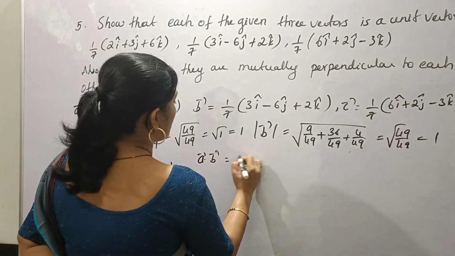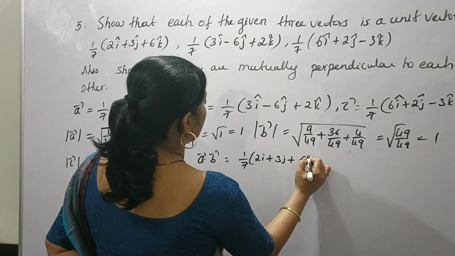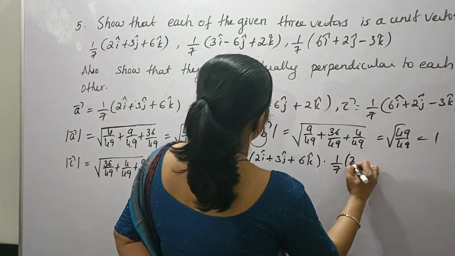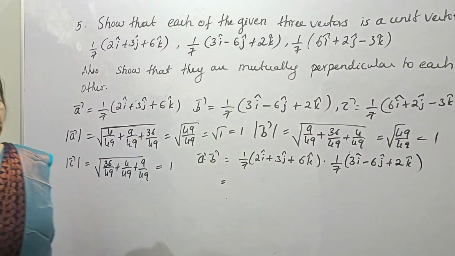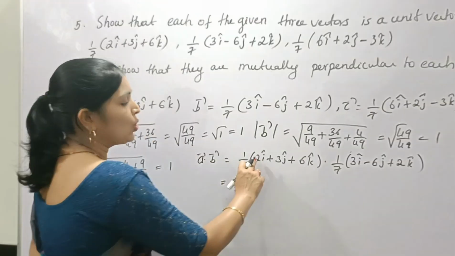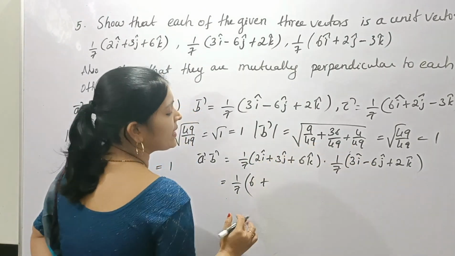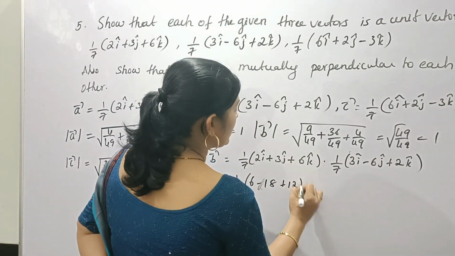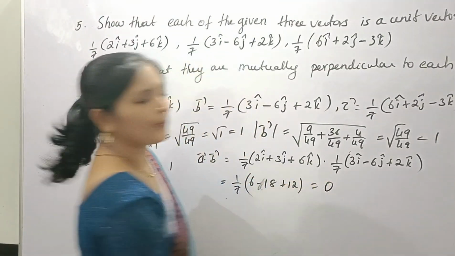So 1/7 (2i + 3j + 6k) dot 1/7 (3i − 6j + 2k). Here 1/7 is common, so let's take it out. 1/7 into 2 into 3, 6, plus 3 into minus 6, minus 18, plus 6 into 2, plus 12. That is equal to, here 18 minus 18, 0. Right? So it is 0.